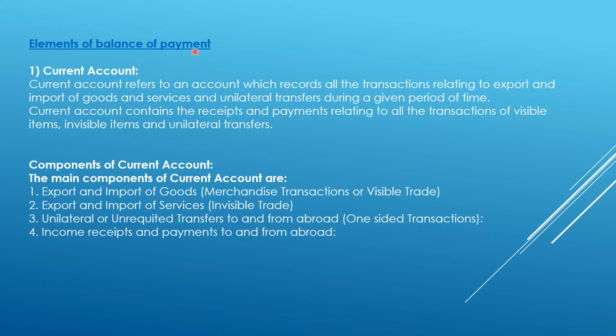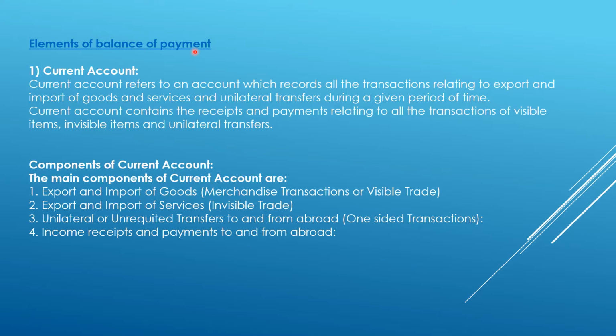Here, visible transactions are those transactions which happen between the residents and the rest of the world from exporting and importing of goods. So visible transactions means goods. The transaction is happening because of import and export of goods.